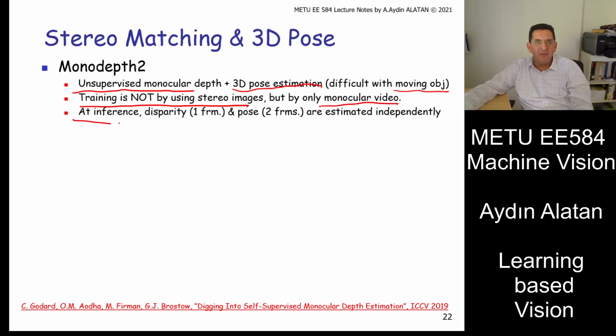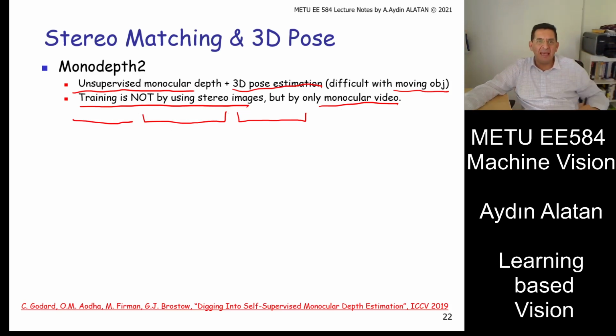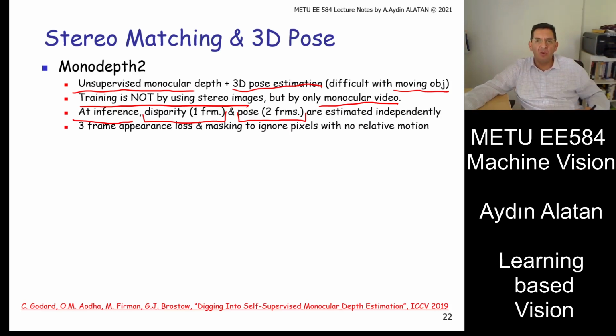Now, during inference, you give a single frame if you would like to estimate disparity, dense disparity, and you give two frames once you would like to obtain the pose between two frames. Therefore, pose CNN requires two inputs, while the depth CNN requires one.